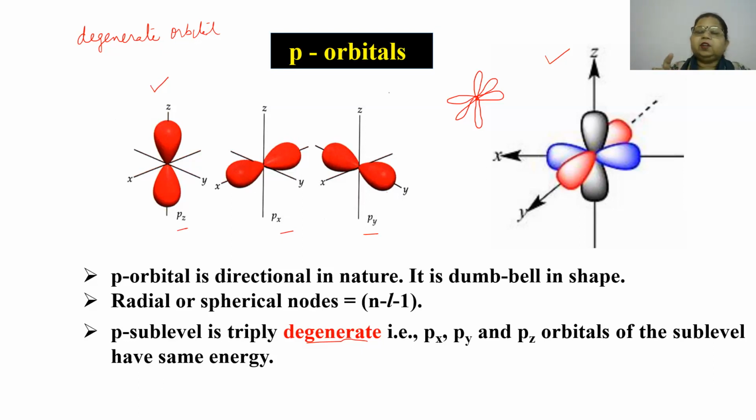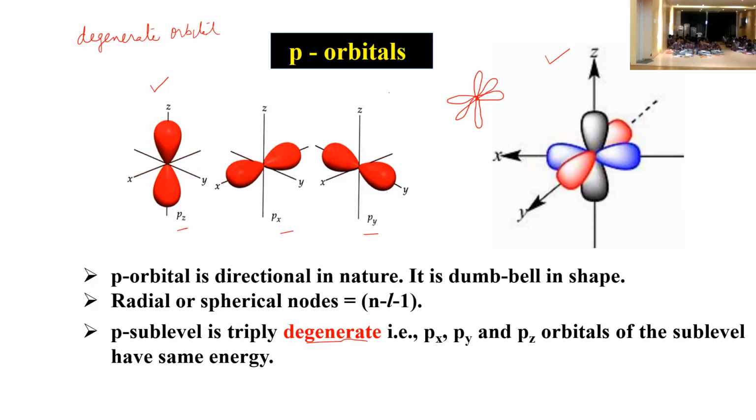Similarly, we cannot say that px is more energetic, or py is more energetic, or pz is more reactive. That means all of them are equally empowered, having the same amount of energy. Such orbitals are called degenerate orbitals. Is it clear?